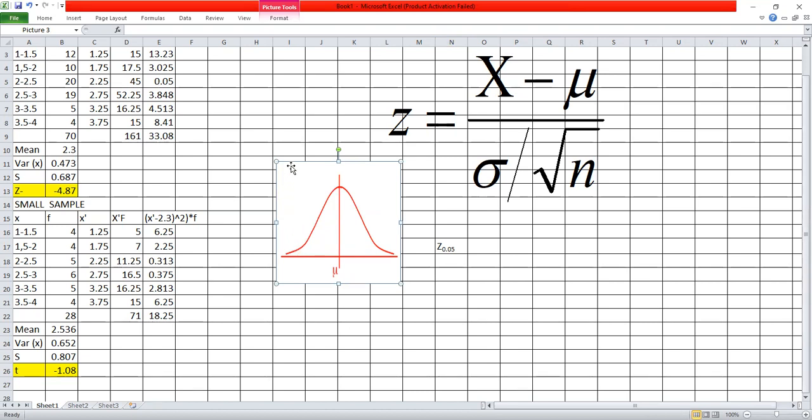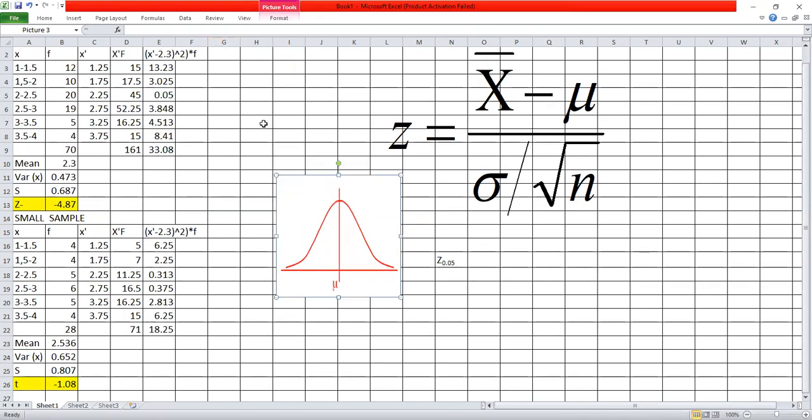So we know that if this is 0.05, then what's the balance of the area here? Which area is to the left now? 1 minus 0.05, 0.95.